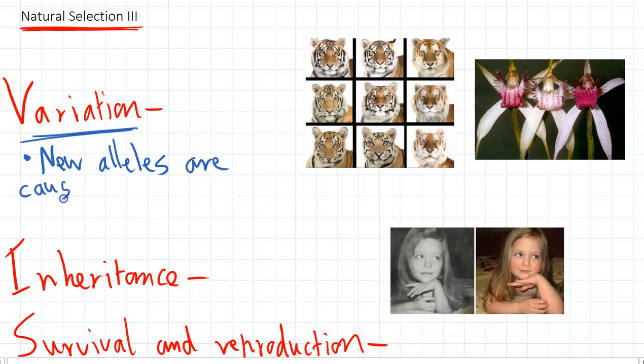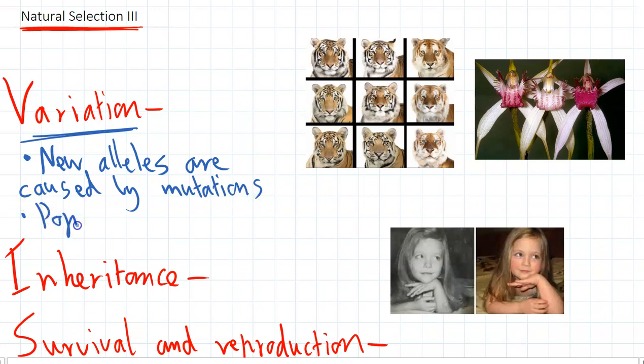So an individual might have a mutation during meiosis, when they're making sperm or egg cells, and then that mutation will be passed on to their offspring, and that's going to cause some new variation to become part of the population. So new alleles caused by mutations.